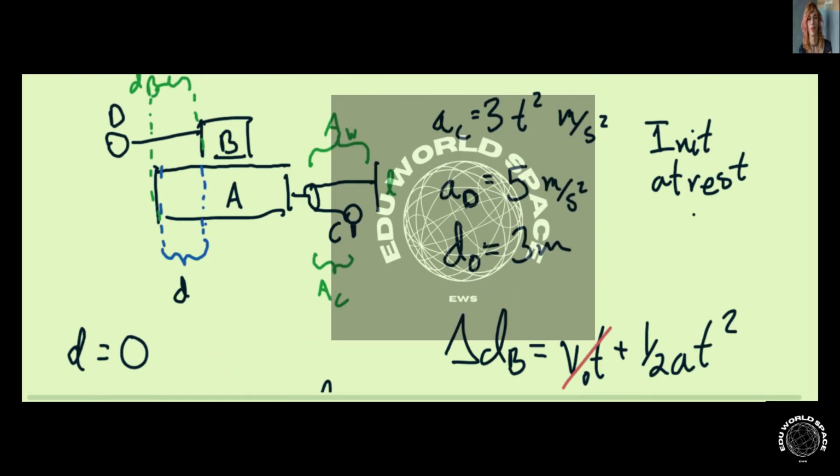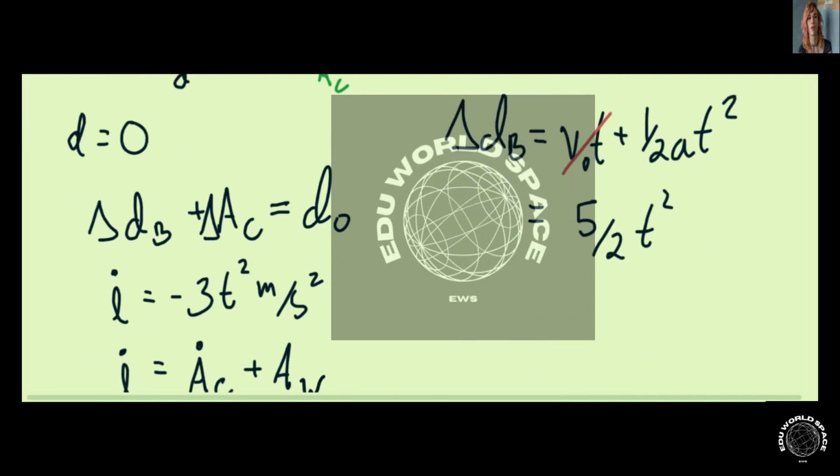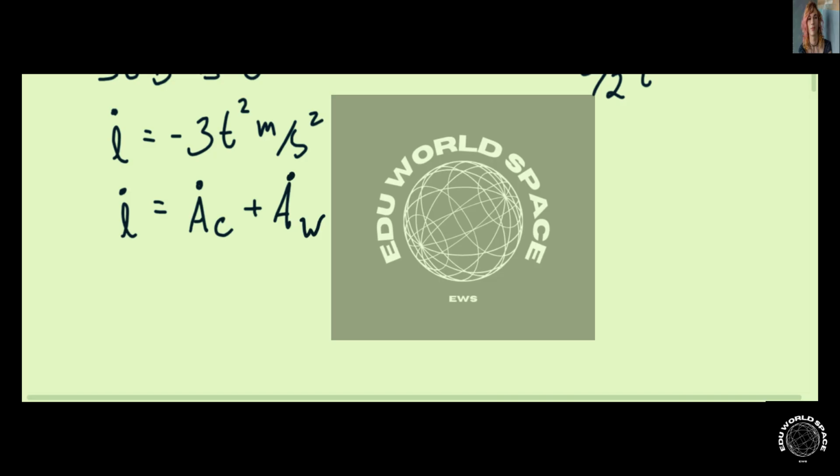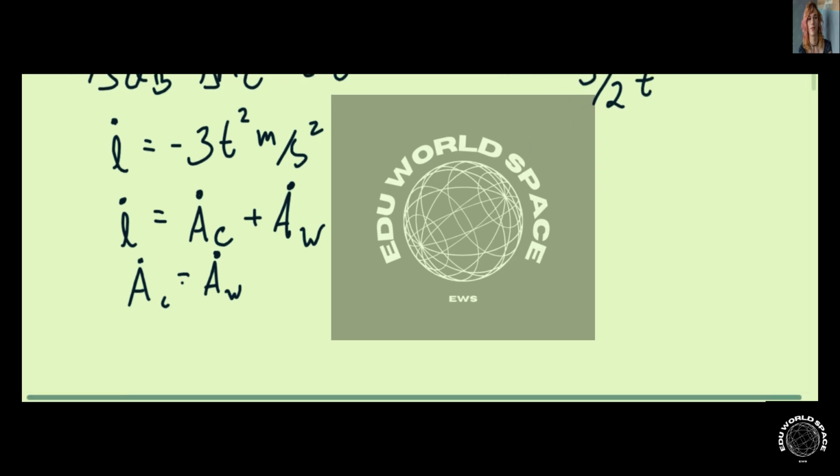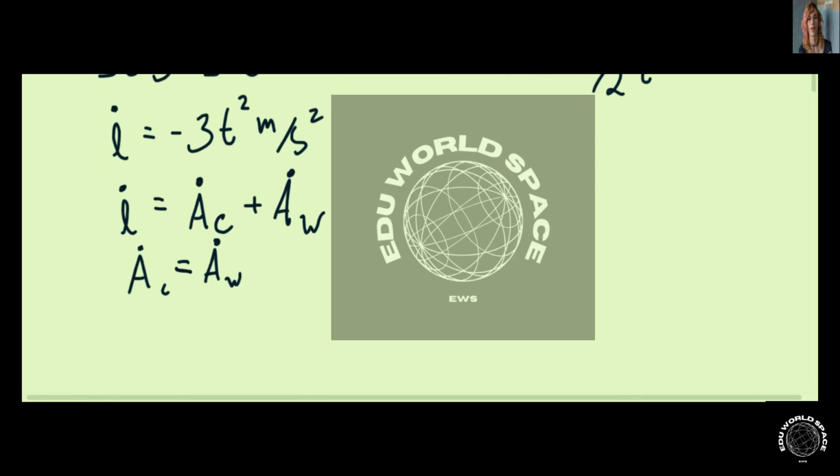We also know that since AW and AC are on a taut string connected by a pulley, their time derivatives must equal each other. So since we were defining this in terms of AC up here, we can substitute in AW for AC here to get that L dot must just be 2 AC dot.